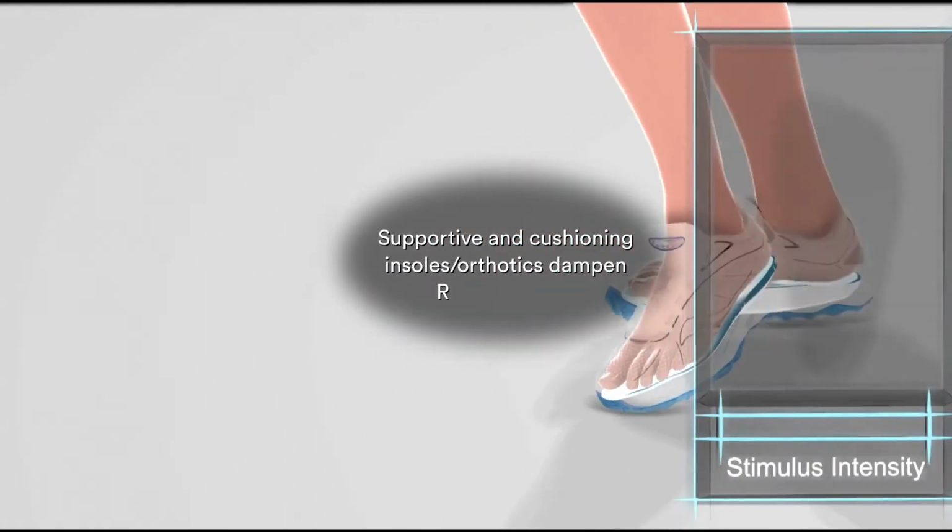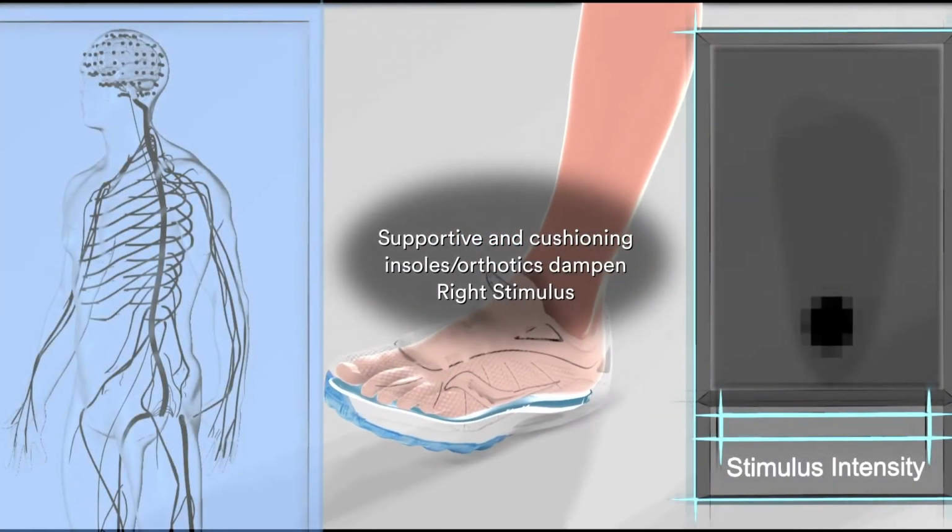Conventional footwear impairs optimal foot function in two ways. First, most conventional footwear dampens right stimulus. This is particularly true for shoes or insoles that support or cushion our feet.